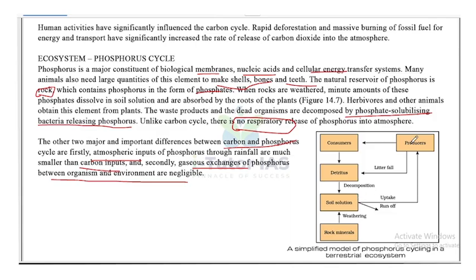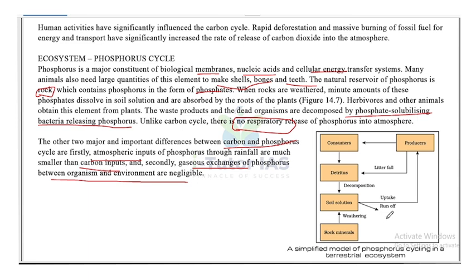and from the soil it is directly taken up by the producers, and from the producers it is taken up by the consumers. The plants will take it and the herbivores will eat it, and it will pass on to the consumers in various trophic levels, and once they die it becomes detritus, and then it is decomposed back to the soil by decomposers.